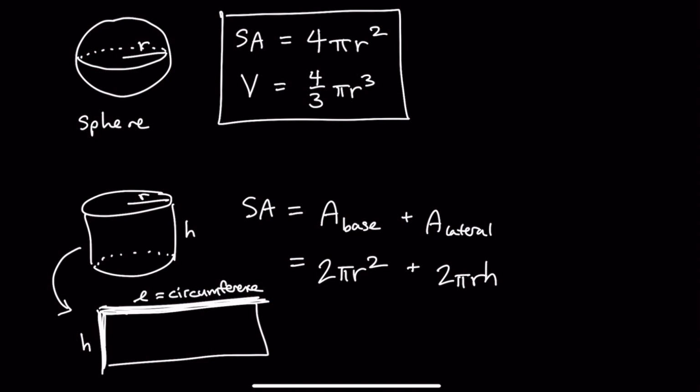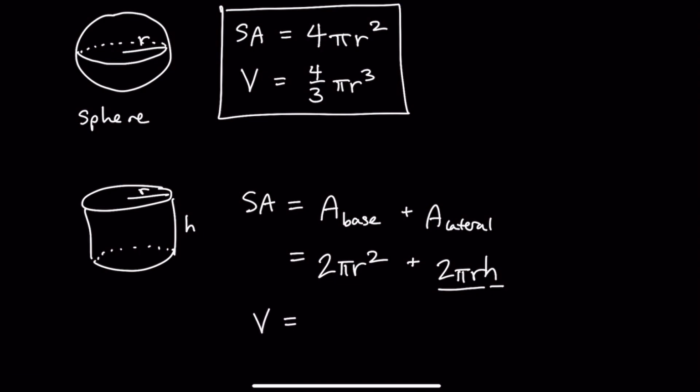And then we know that circumference equals 2 pi r, so that's why we multiply 2 pi radius times the height for the area of this rectangle.